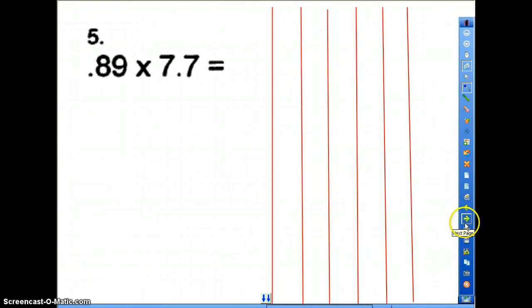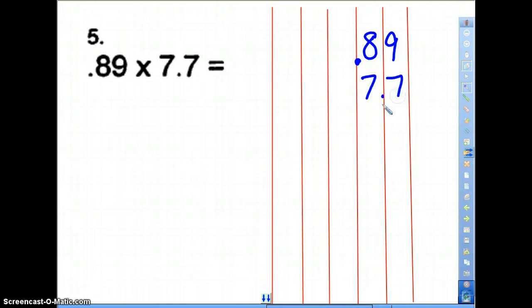So my suggestion, the kids that are the smartest either go get a piece of graph paper, or they turn their notebook paper sideways, some scratch paper, and use those columns to line things up. Okay, 89, I'll put my point right there. 7.7, put my point right there, because you don't have to line them up. You can if you want to. But these lines will keep everything in the right column, so when I get to the end I can add it all up right.